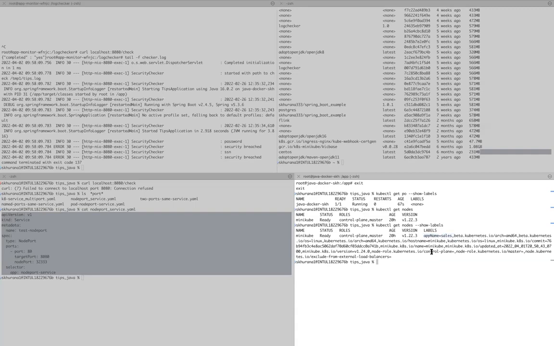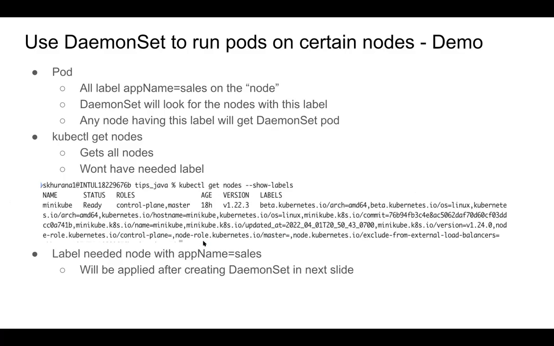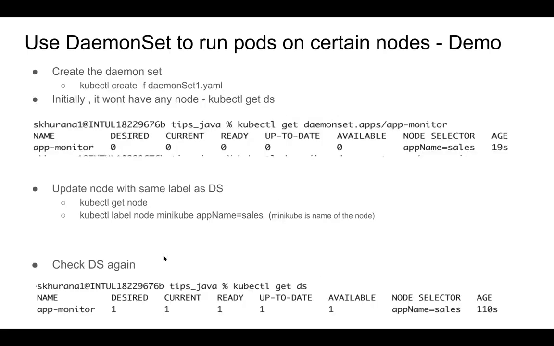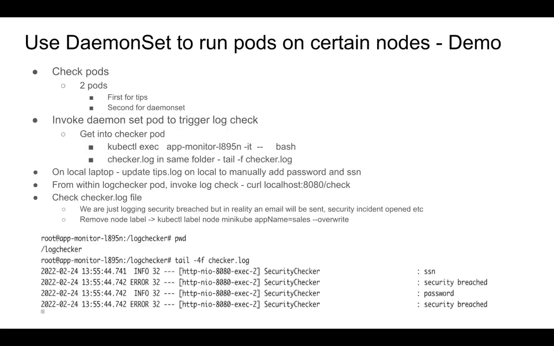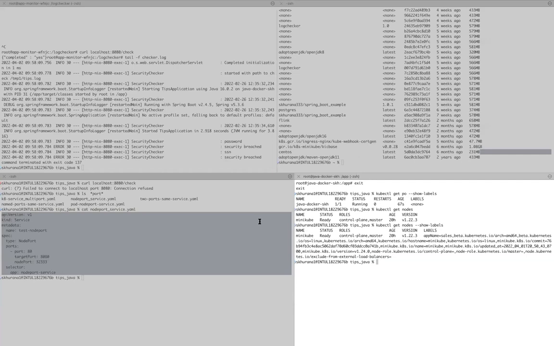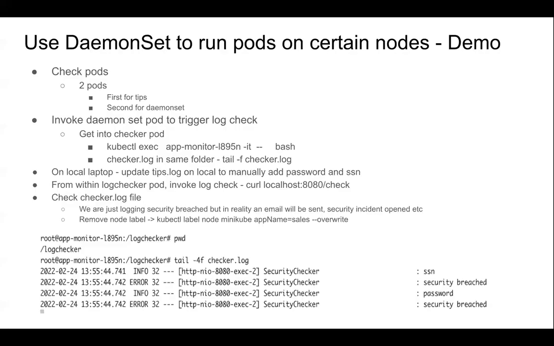If you do not have it, let's see if I can overwrite this app name equal to sales, and there's a command to overwrite this. So kubectl label node, minikube is the name of my node.